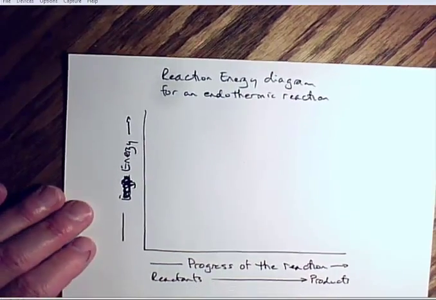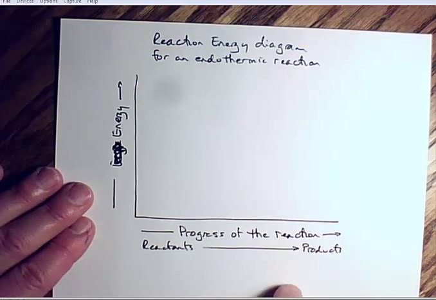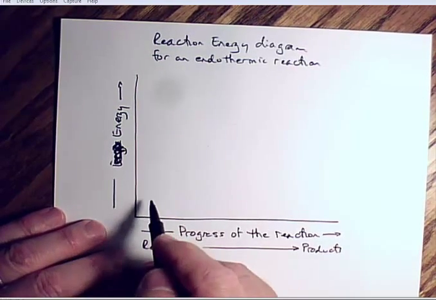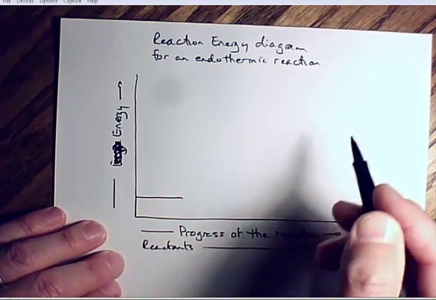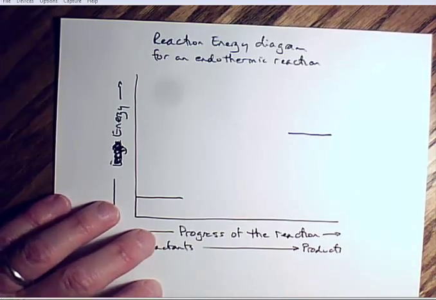All right. So if this is endothermic, it's taking in energy, then the products have to have more energy than the reactants. So here's the reactant energy, here's the product energy. Okay?